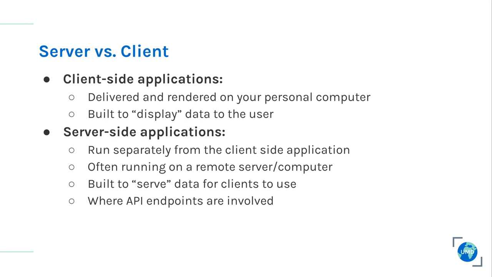So it is built to serve data for clients to use, and this is where API endpoints and APIs are used. On the other side, client-side applications are used to deliver and render on your personal computer. They are built to display data to the user.